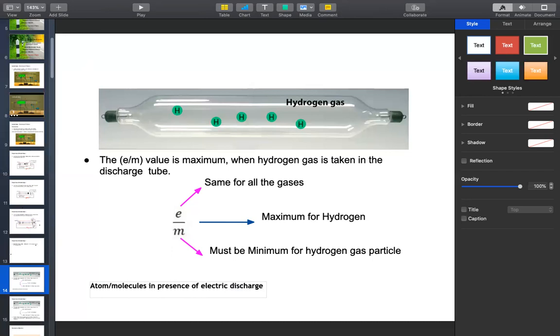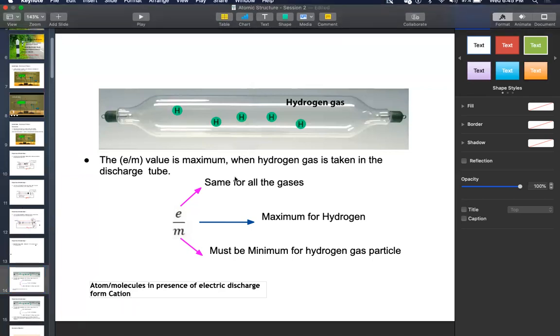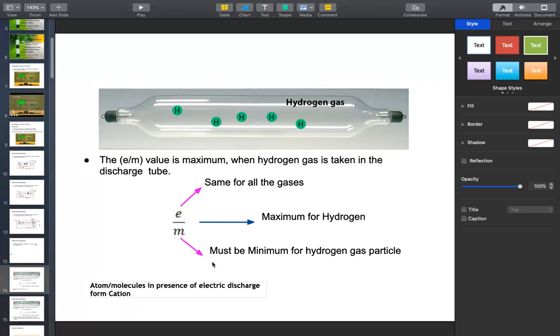It will form two things. Form cation, okay? Here you have a cation. Cation will be going to form anode rays.